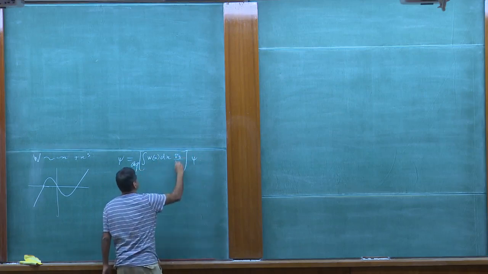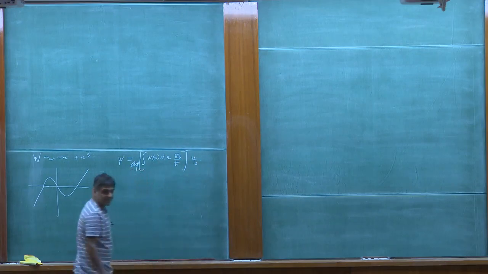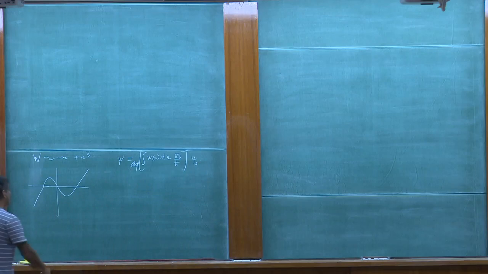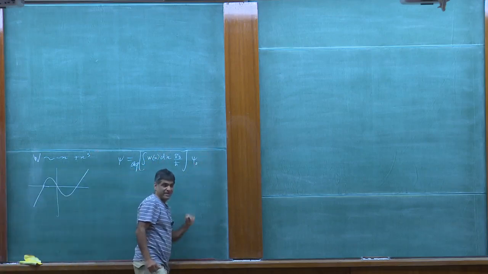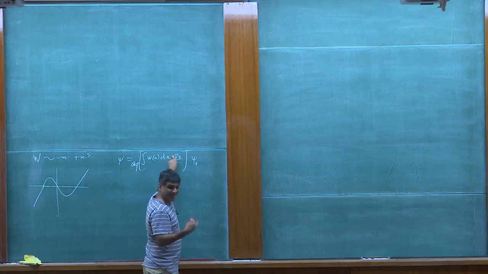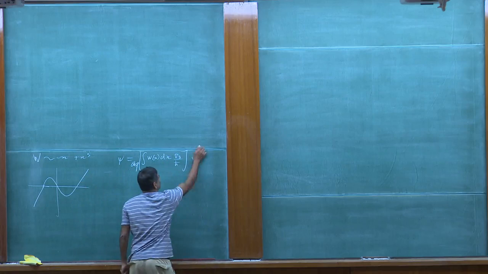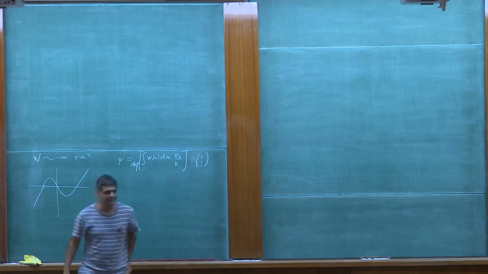Divided by h bar, psi naught. Right? And we've chosen this so that W goes to infinity at positive infinity. We want this to converge, so sigma 3 should be minus 1. So we choose psi naught to be (0, 1), the down state.